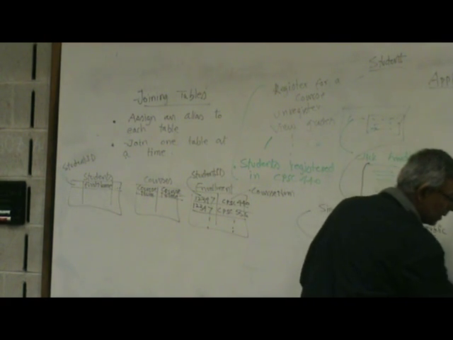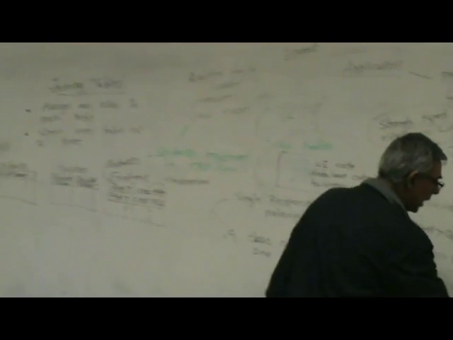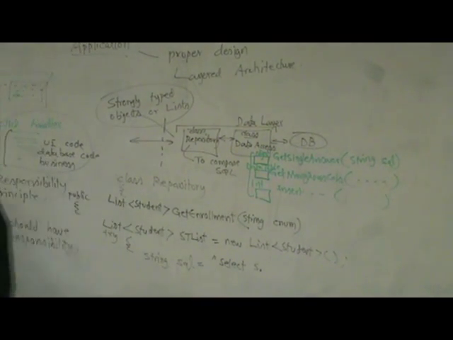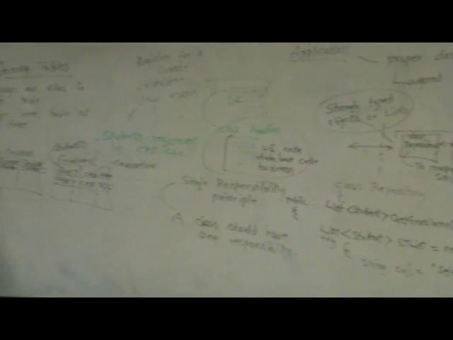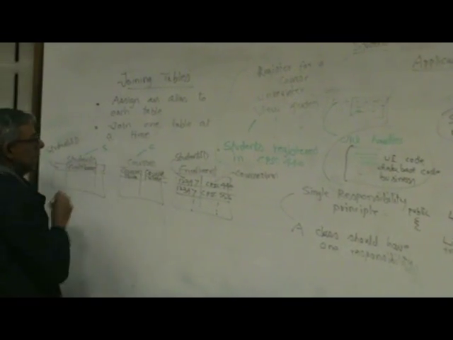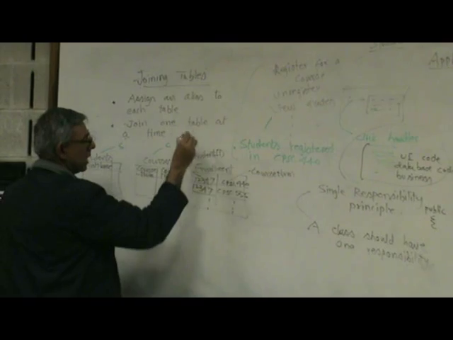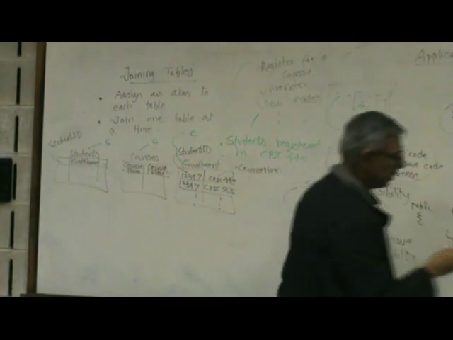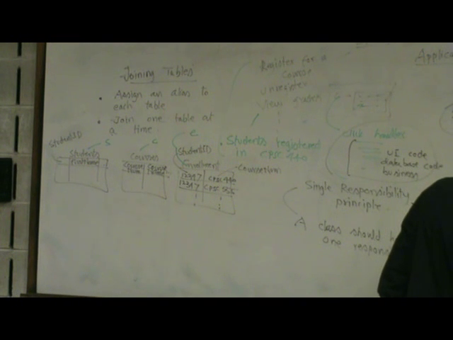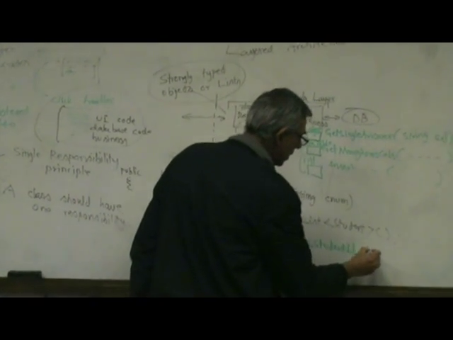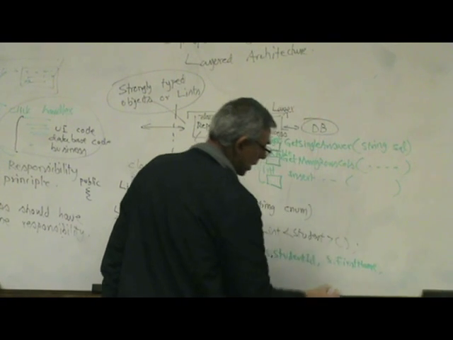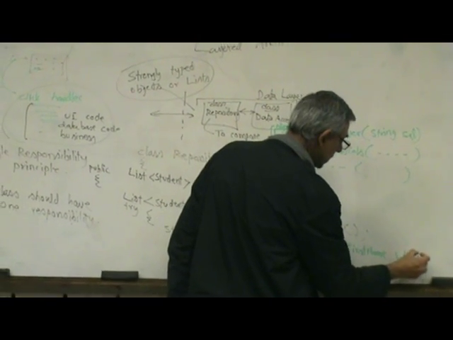It will look like select S dot. So pretend S is the alias for students, C is the alias for courses, and enrollment is E, right? So this will look like S dot student ID, comma, S dot first name, comma, S dot last name.